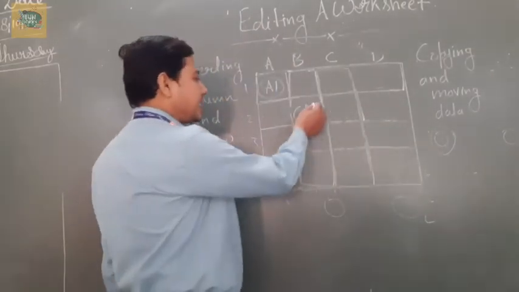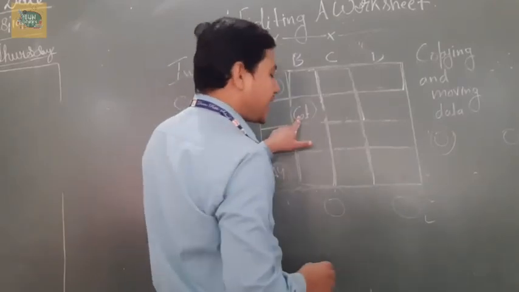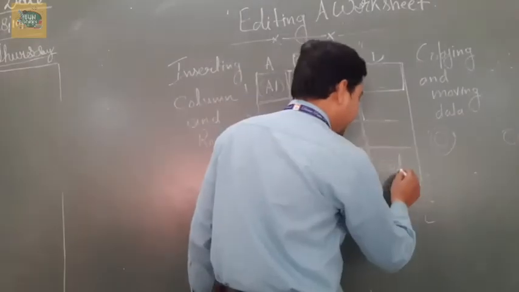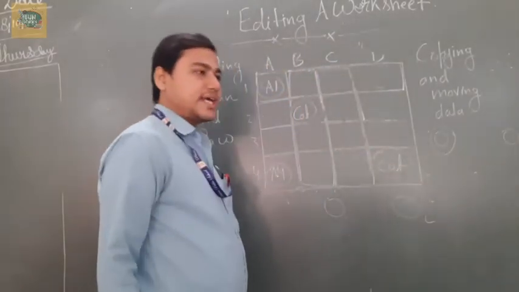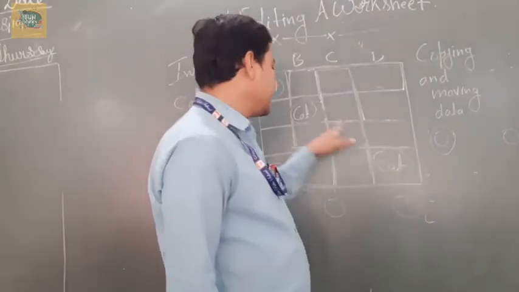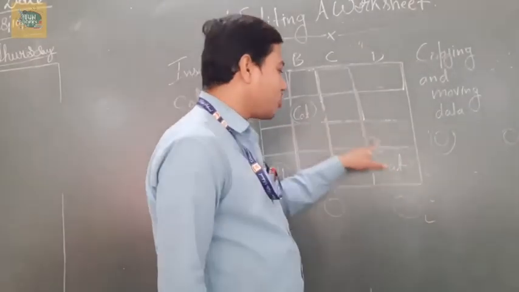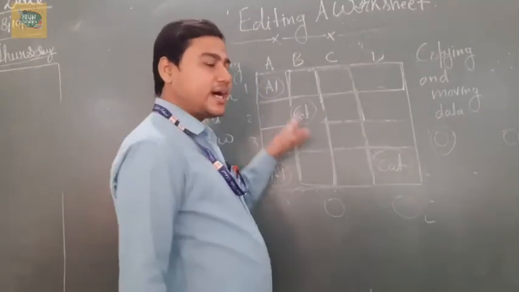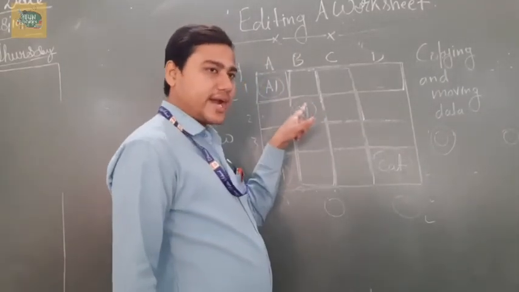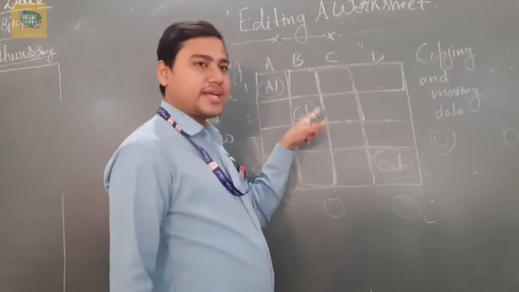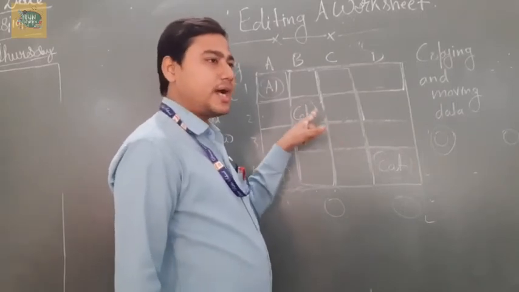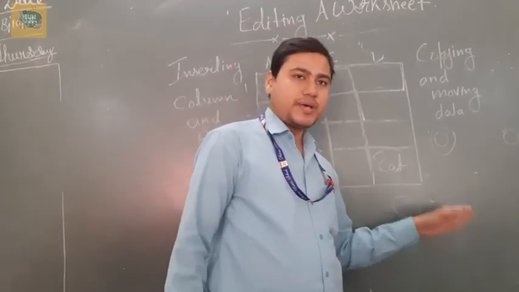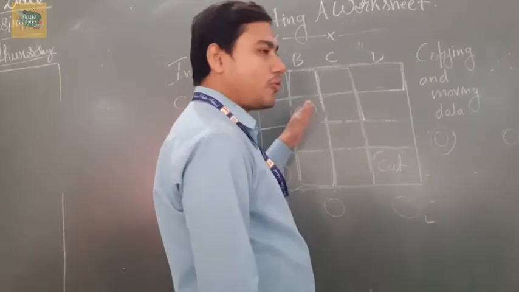Now here the word cat is written. I want to move this cat from here to here. Here is the first cell reference and here is another cell reference. What do I have to do? I select this cell and press right click, and then I get the option called Cut, and then I go to this cell and press the Paste option so that it moves from here to here.